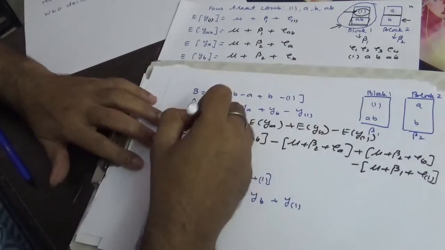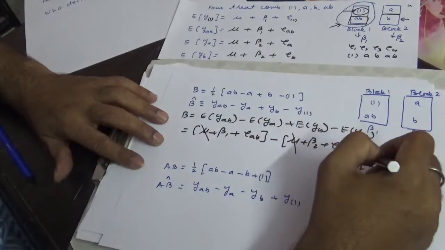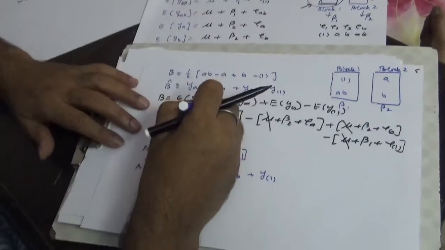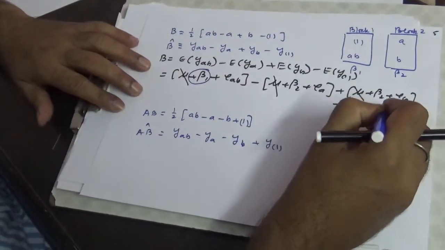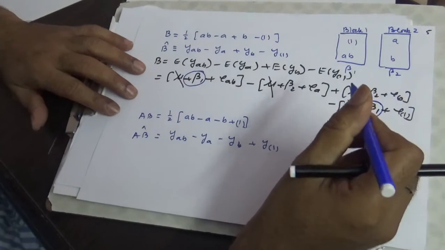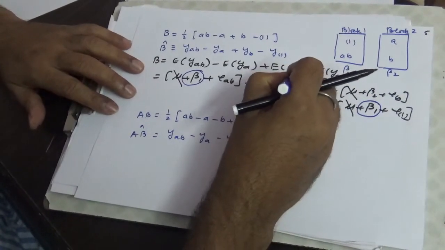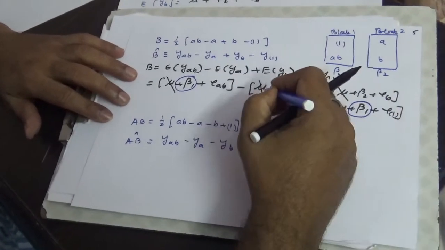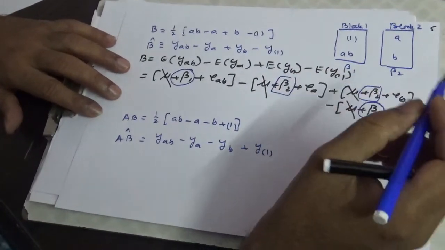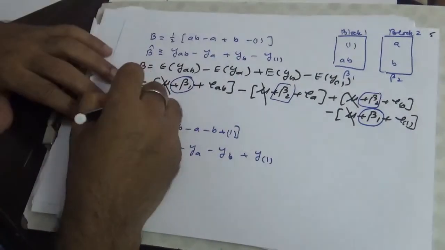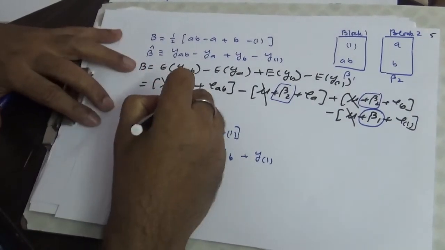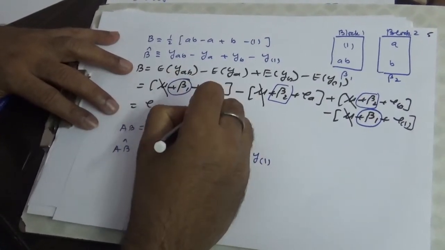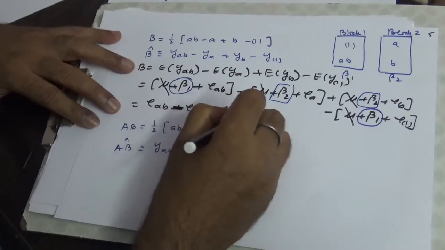So again you can see here that mu and mu get cancelled out. This beta 1 is plus beta 1 and this is minus beta 1, so they get cancelled out. Similarly, here beta 2 is plus beta 2 and this is minus beta 2, and this is plus beta 2, so they also get cancelled out. So basically I get tau AB plus tau A, minus tau A plus tau B minus tau 1.